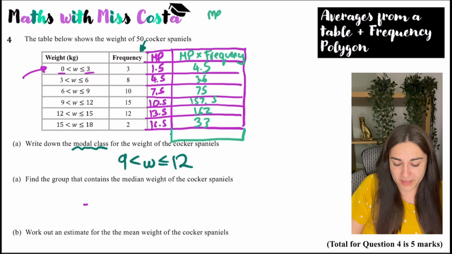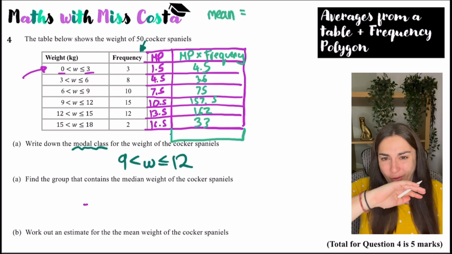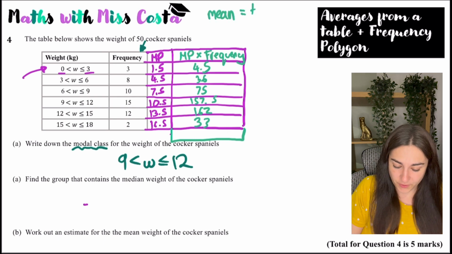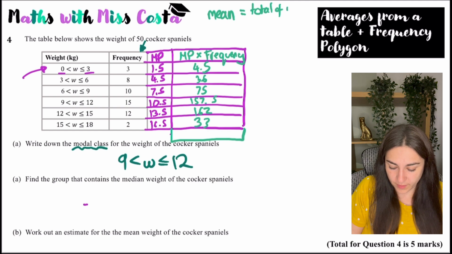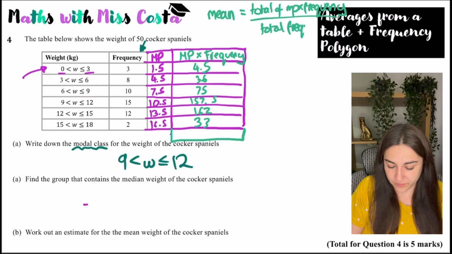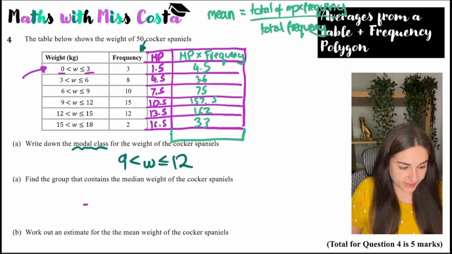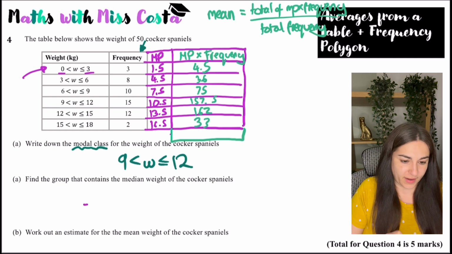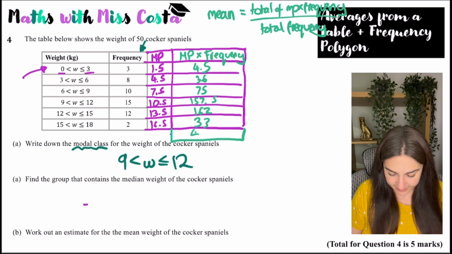So to work out the mean from a grouped frequency table, you do the total of midpoint times frequency divided by the total frequency. So we find out what the total is here. So 33 plus 162 plus 157.5 plus 75 plus 36 plus 4.5 is 468.